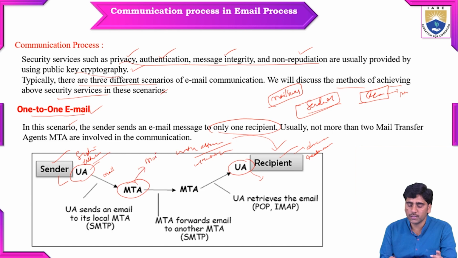Here MTA stands for mail transfer agent. The mail transfer agent sends this mail to the local MTA. The local MTA acts as a protocol, which is SMTP, Simple Mail Transfer Protocol.